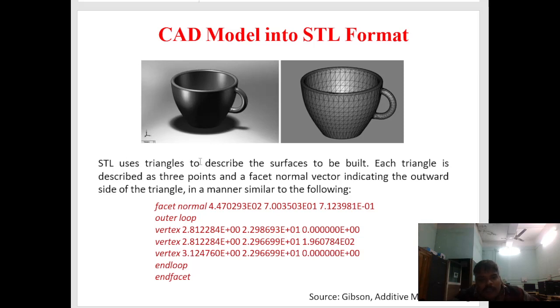STL uses triangles to describe the surface to be built. Each triangle is described as 3 points and a facet normal vector indicating the outward side of the triangle, in a manner similar to the following. This is the CAD model. Suppose you are working in NX software, FC software. Then in all the software, what happens?